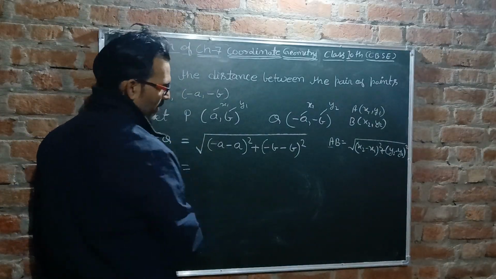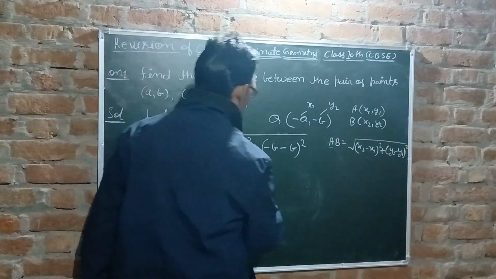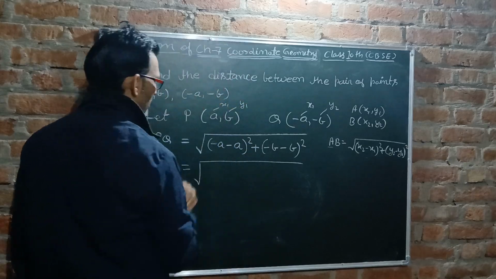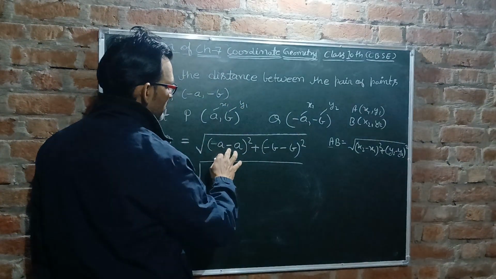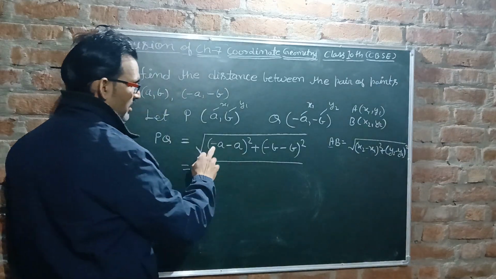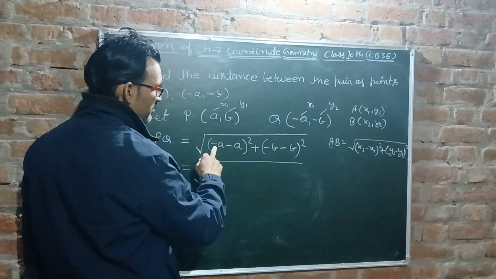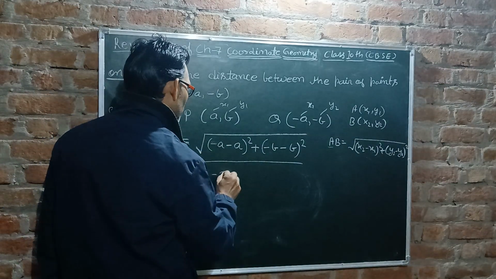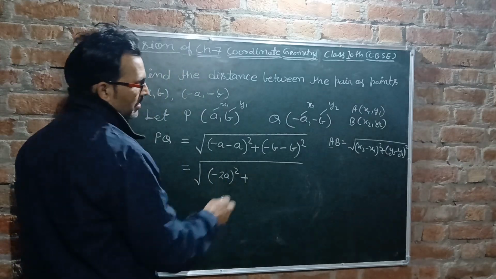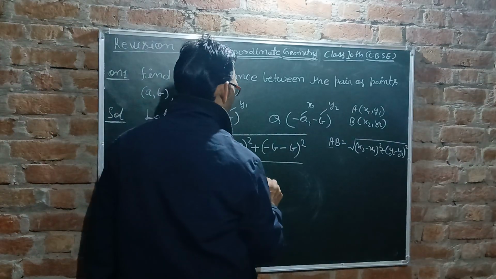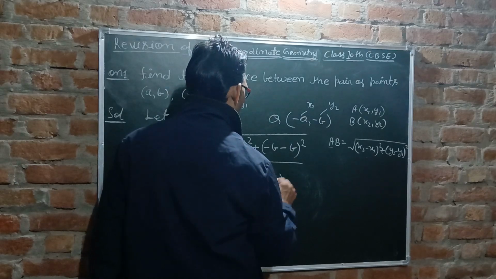Students, we will do it. See, minus a and this is again minus a. There are the two minus a, minus minus plus, minus 2a whole square, and same, minus minus plus, minus 2b whole square.